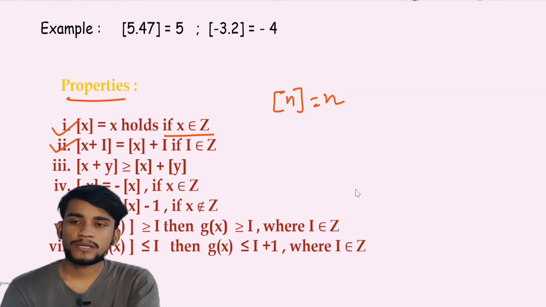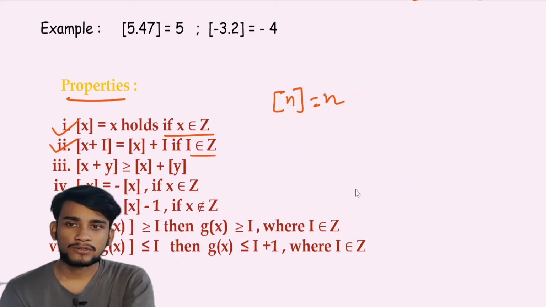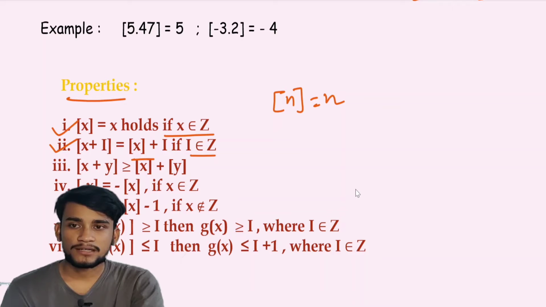Now box of x plus I, where I belongs to the integers, gives box x plus I. That means the box function applies only on the part which is not an integer. Now box of x plus y is greater than or equal to box x plus box y. Number 4: box of minus x is equal to minus box x if x belongs to Z, and minus box x minus 1 if x doesn't belong to Z.